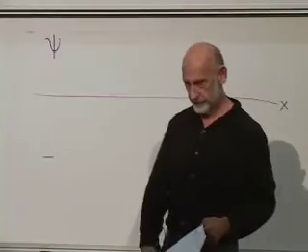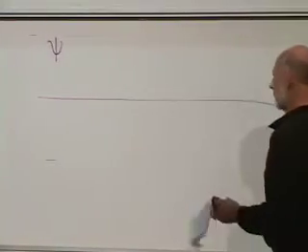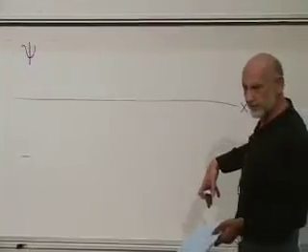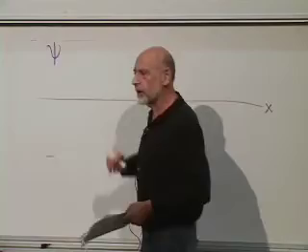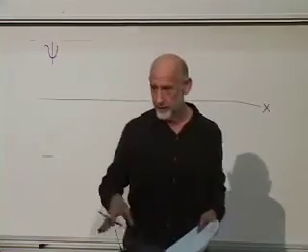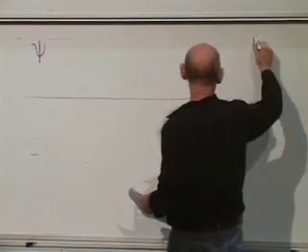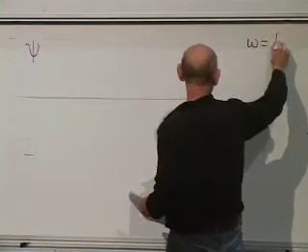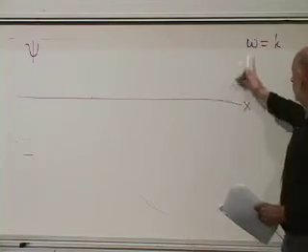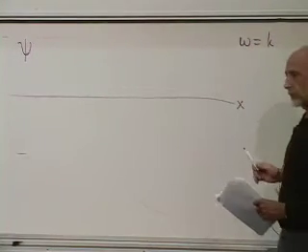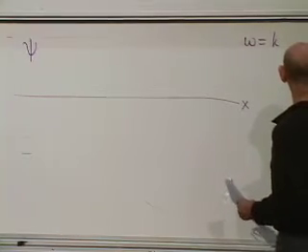This is not an electron, it's a neutrino. I don't know what it is. It's a particle, a fermion, but it happens to move with the speed of light. It moves with the speed of light, and that means omega equals k. Omega equals k is the relationship between frequency and wave number, or between energy and momentum. This is c equal 1.